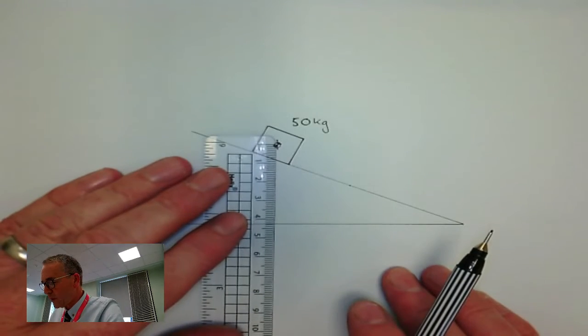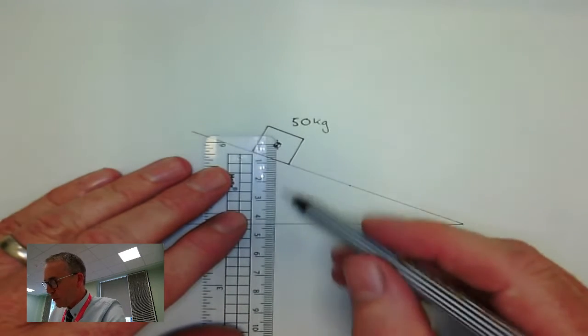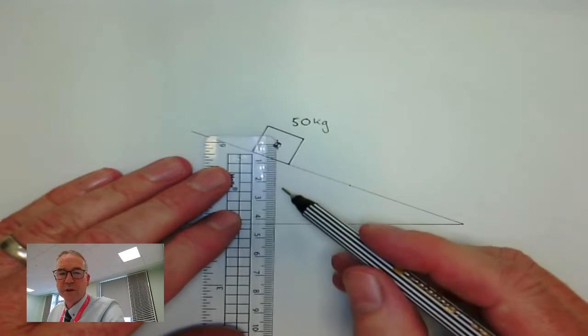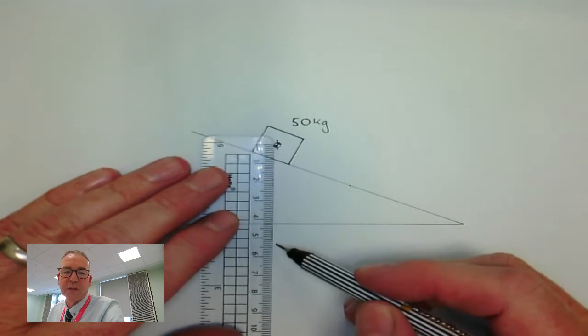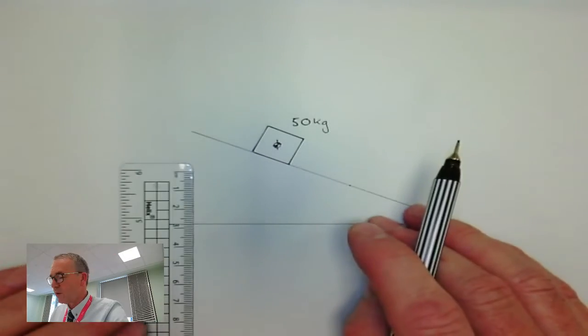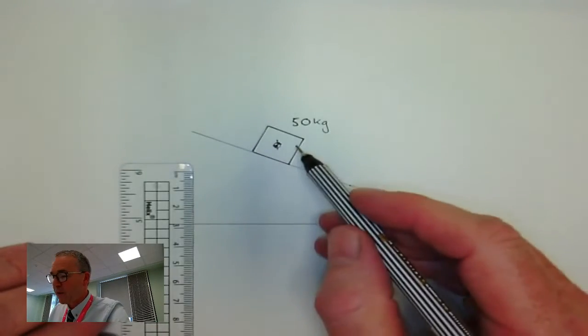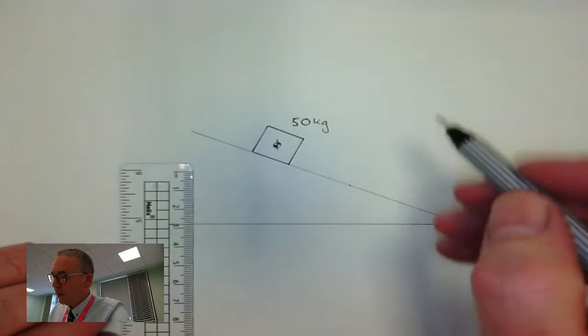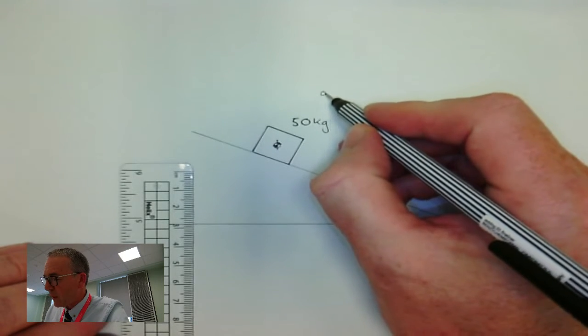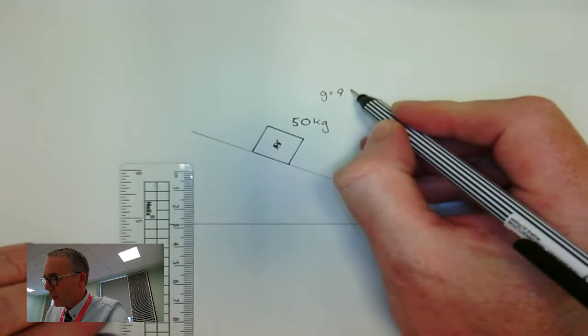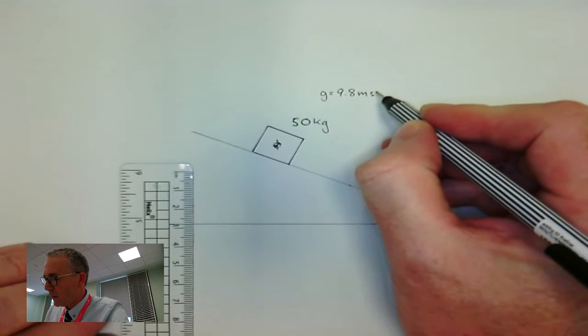The first thing I want to do is label up my diagram, and I can draw this to some extent using a bit of scale. Roughly, 5 centimeters would be perhaps 500 newtons. We can simplify this: with gravity, we normally work at 9.8 meters per second squared.